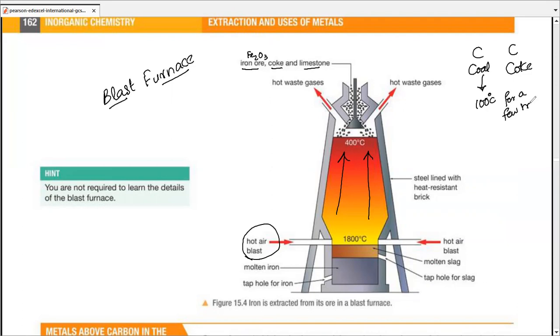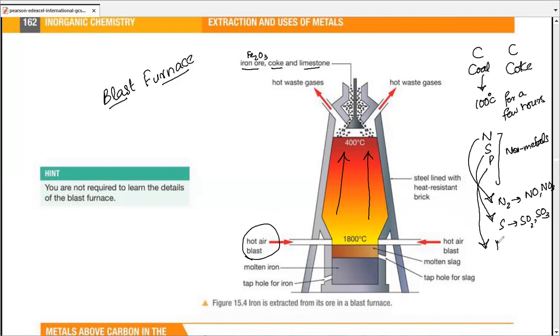All right. Why do we do that? We do that because we usually have nitrogen, sulfur, phosphorus, and other non-metals present in coal. When we heat it for some time, the oxygen can convert N2 into its oxides, maybe NO, maybe NO2, sulfur into its oxides, maybe SO2, maybe SO3, and also phosphorus into its oxides, maybe P2O3, maybe P2O5.